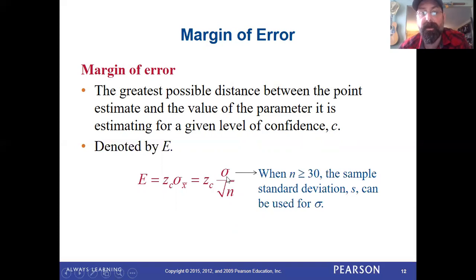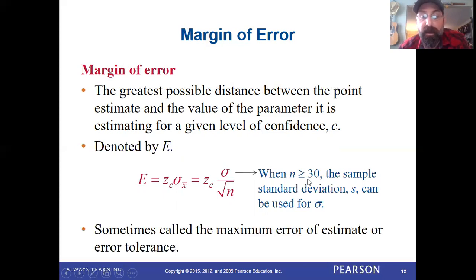We don't even know what mu is. How would we know sigma, which is like the typical spread data is from mu? So what's much more realistic is to have a large sample size, and we won't be dependent on knowing sigma. We can simply put S in its place. By the way, this is called margin of error, sometimes called the maximum error of estimate, or known as the error tolerance, but we'll refer to it much more often as the margin of error.